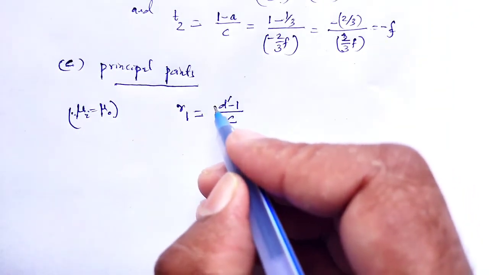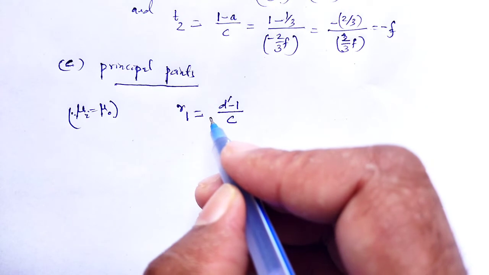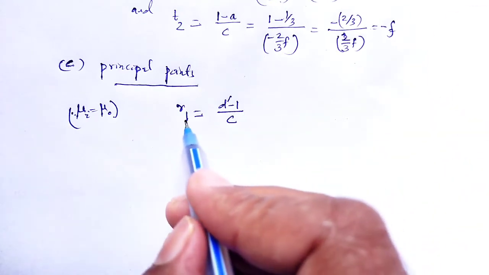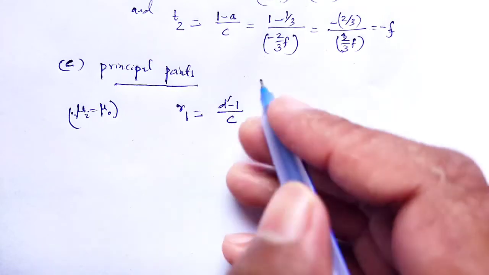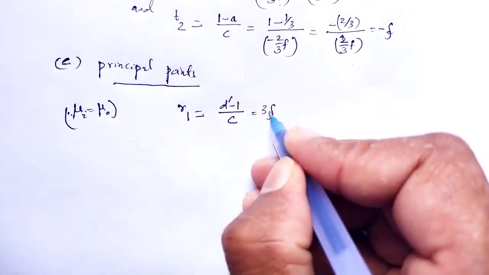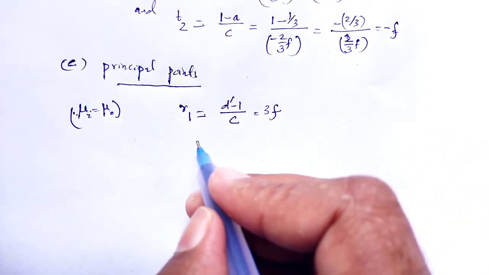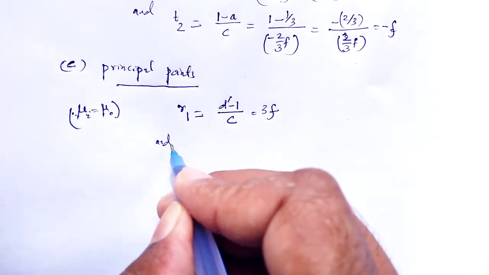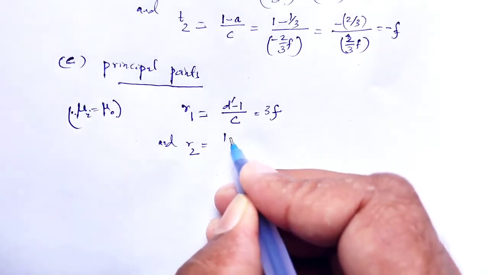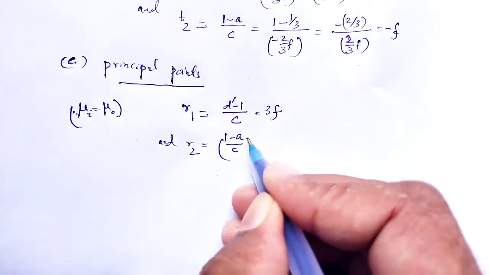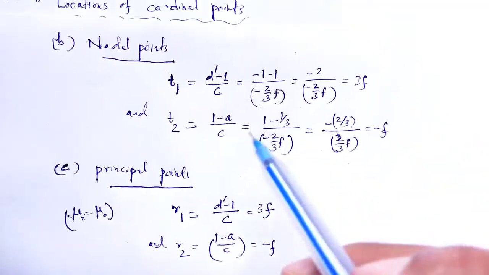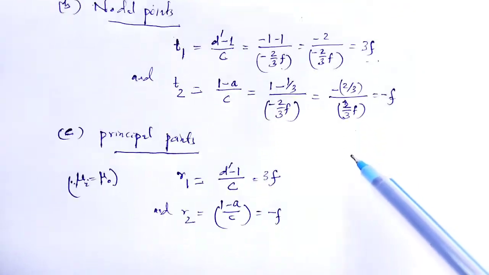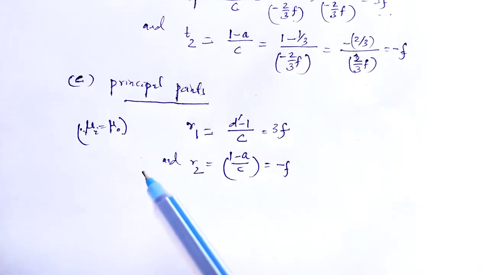Therefore mu I by mu naught is equal to 1. Therefore the position R1 is equal to d dash minus 1 by c, which is equal to 3f, and R2, 1 minus a by c, again equal to minus f, which is the same as the nodal points, 3f and minus f.